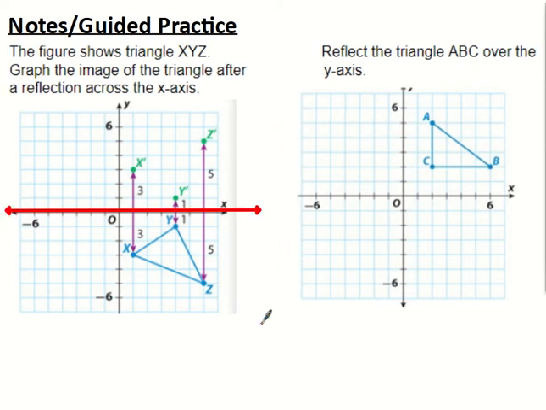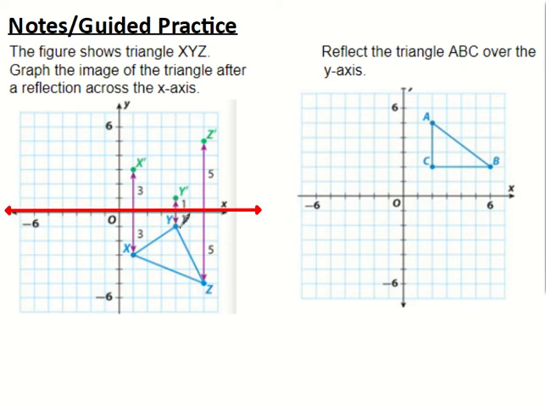If we take XYZ and reflect it perfectly across the y-axis, the x and the x prime will be exactly the same distance from the y-axis. X is 1, 2, 3 away, so x prime is going to be 1, 2, 3, but on the other side.